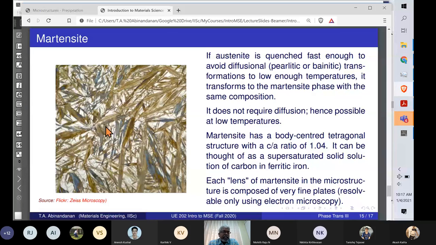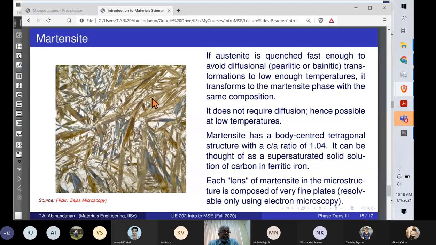This is from a very nice Flickr page that I found, the page of Zeiss microscopy on Flickr. They have a whole bunch of microstructures. Zeiss, as you know, are very famous makers of microscopes, including electron microscopes these days, and we have several of their machines in our institute. The white region is the austenite, which is yet to transform.